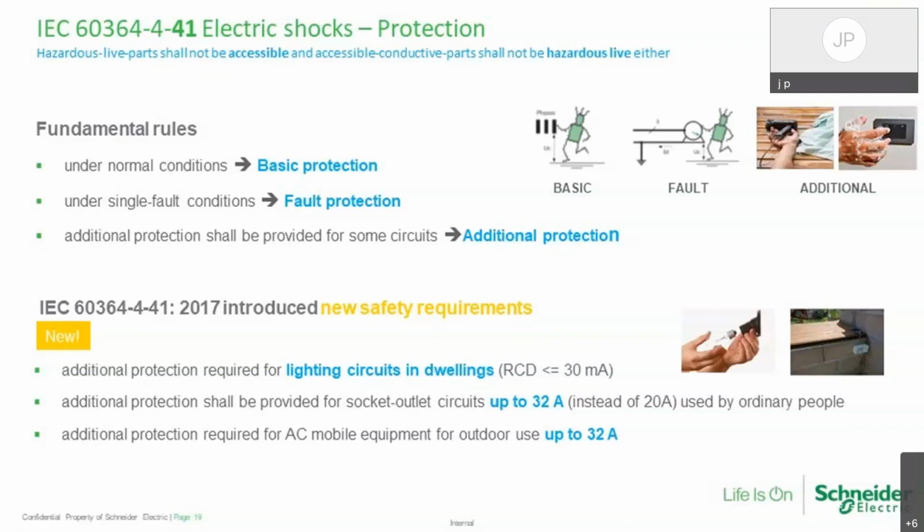So it was really important to have this additional protection for these circuits up to 32 amps. And we also have additional protection required for AC mobile equipment for outdoor use up to 32 amps, also by RCD. So check this, and probably you have to introduce this in your national installation rules.